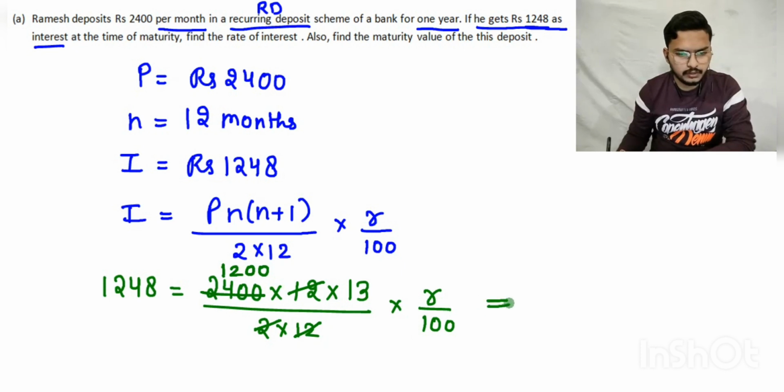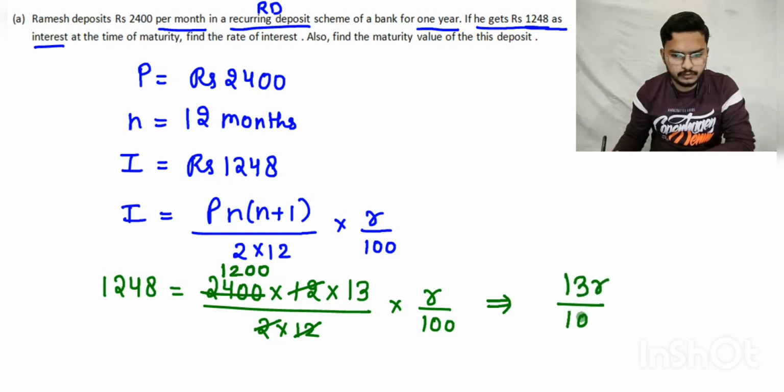So now from here we can easily say that this is actually 13 R by 100 equals to 1248. Just take that 1200 and divide, so this is 1200, right?